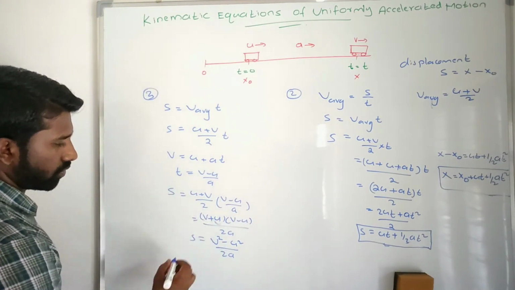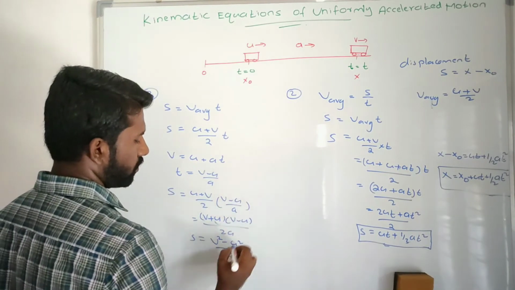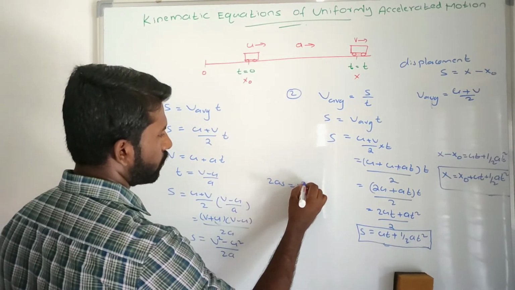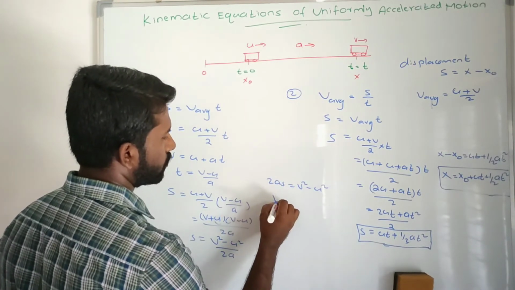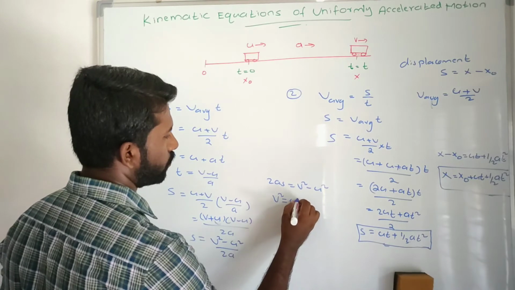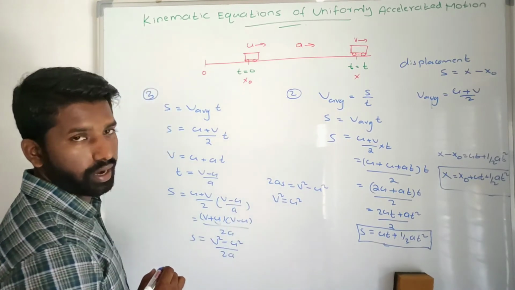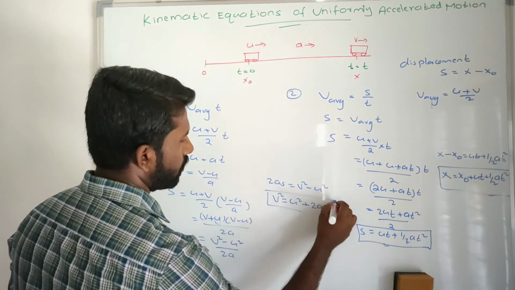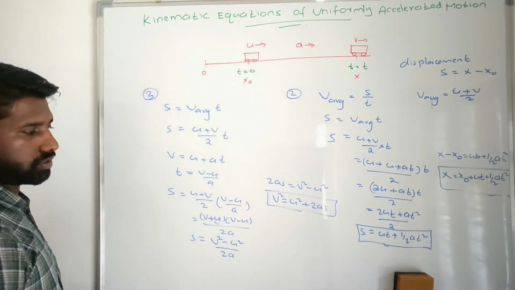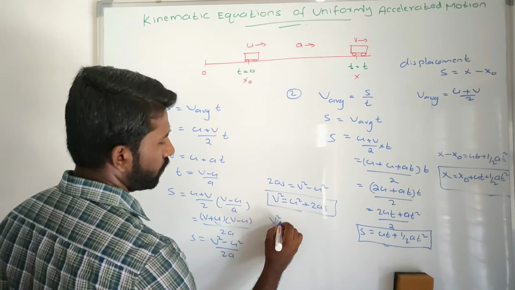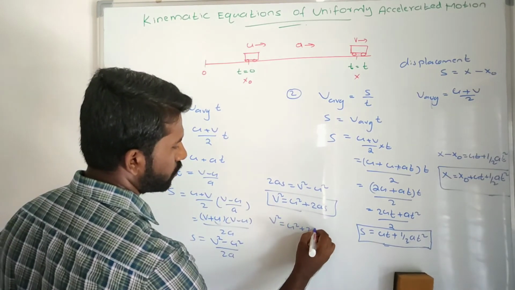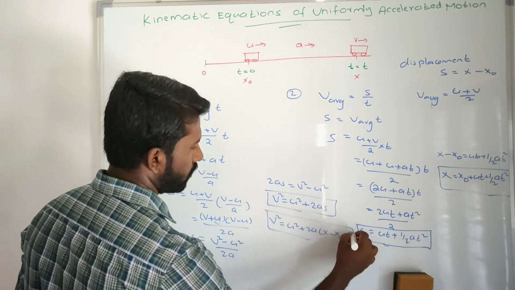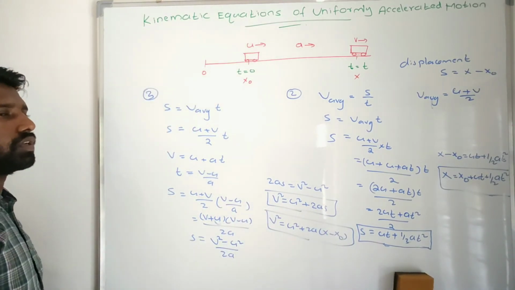From this, 2aS is equal to v square minus u square. So v square is equal to u square plus 2aS. This is the third motion equation. With S equal to x minus x0: v square is equal to u square plus 2a into x minus x0.